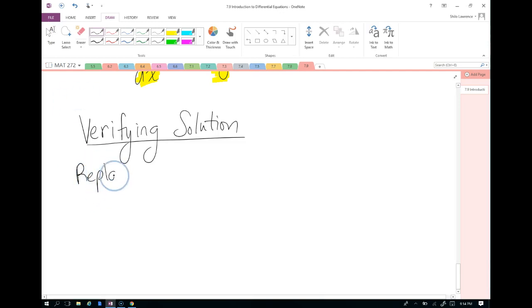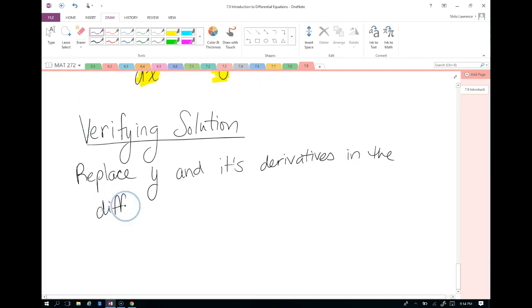So we need to replace y and its derivatives in the differential equation and check to see if it makes the equation true.